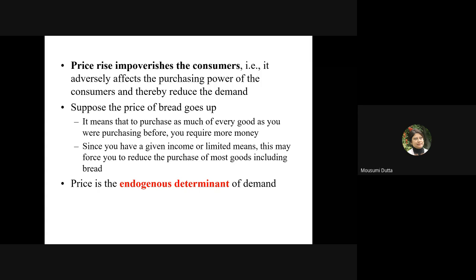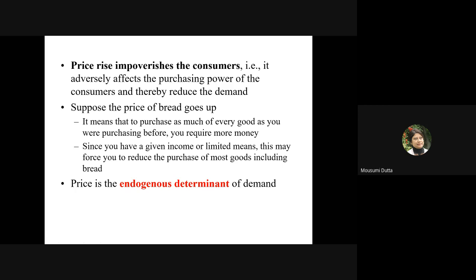So price rise impoverishes the consumer, and this adversely affects the purchasing power, and thereby the consumer reduces the demand for the commodity. Say the price of bread goes up. It means that to purchase as much of every good as you were purchasing before, you require more money. Since you have a given income or limited means, this may force you to reduce the purchase of most goods, including bread.